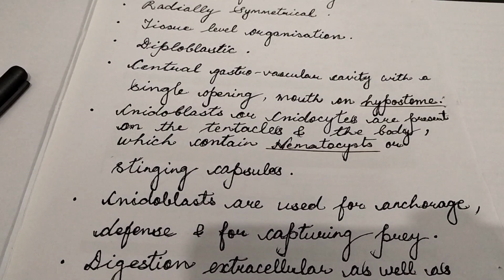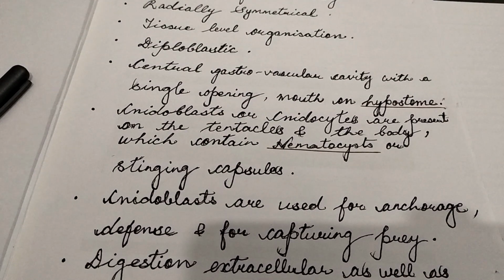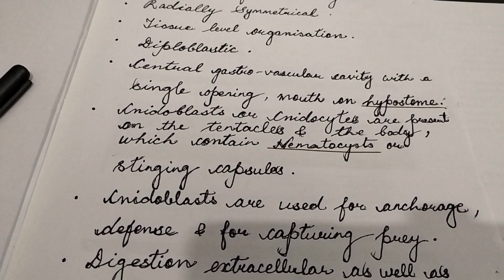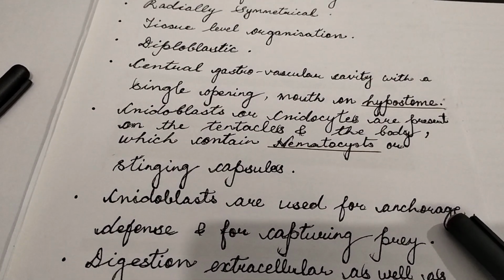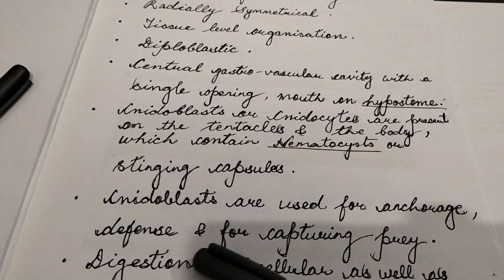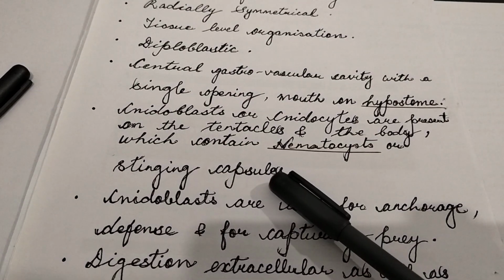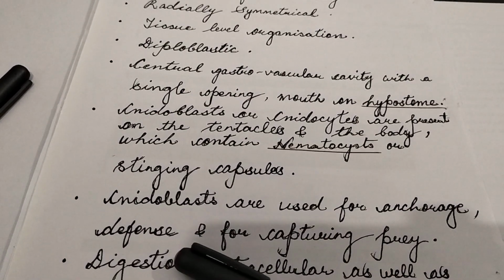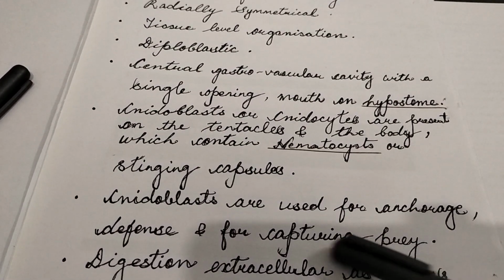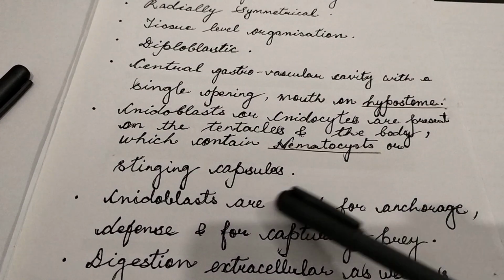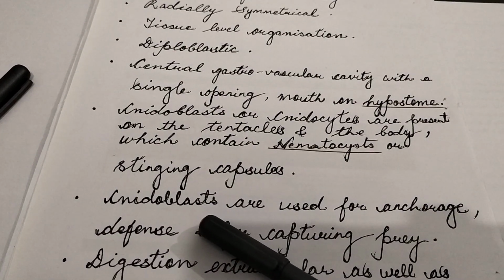As they are present on the tentacles, the tentacles will help them to attach to the substratum, to a surface. That is anchorage. And body defense, as they contain the stinging capsules, and for the capture of the prey. All these functions are performed by cnidoblasts.